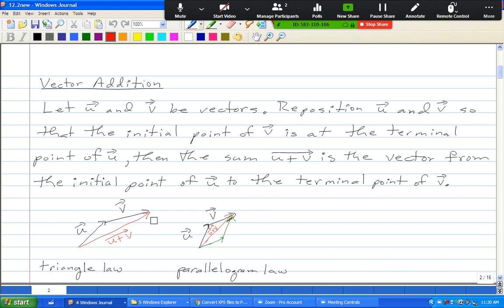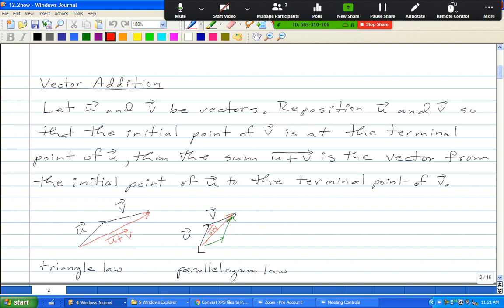Or similarly, we could have the parallelogram law. I take the vector u and the vector v, having them both at the same initial point. I then place the vector v so that its initial point is the same as the terminal point of u. Then I take the vector u and position it so its initial point is the same as the terminal point of v.